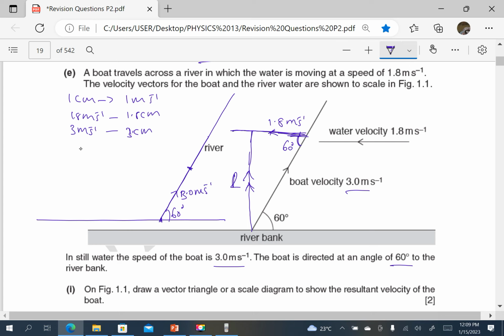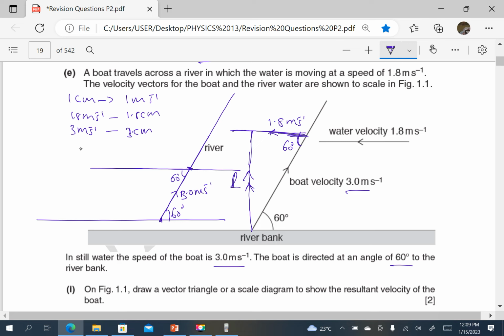Then I can draw another horizontal line here. I know that this angle is also 60 degrees, but on this line I'll measure only 1.8.